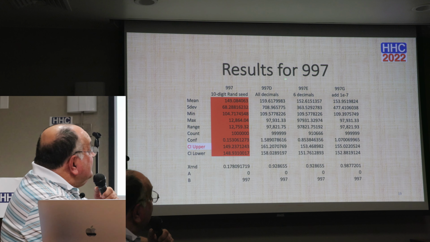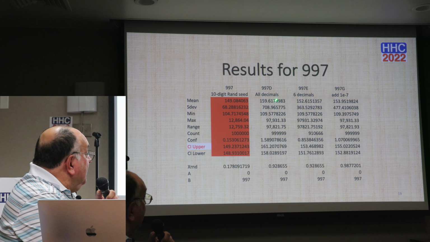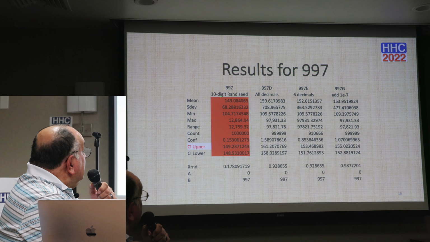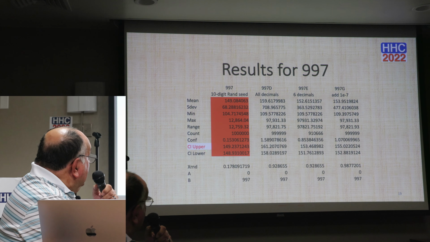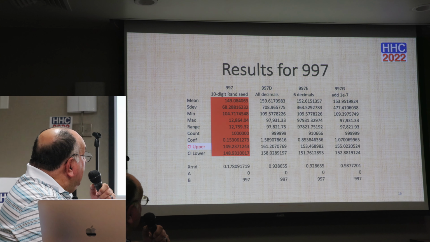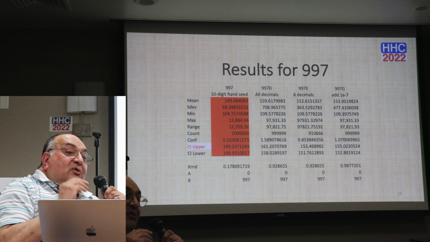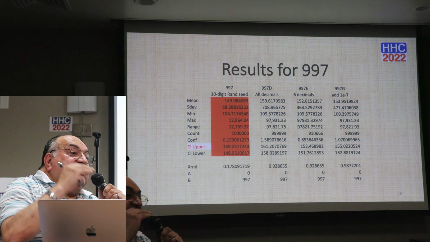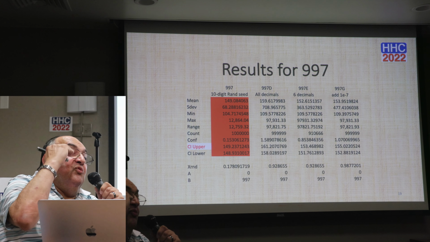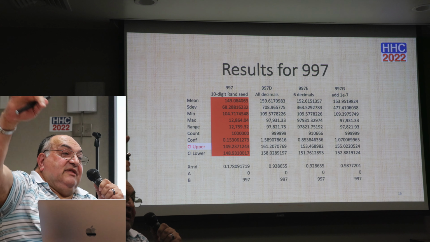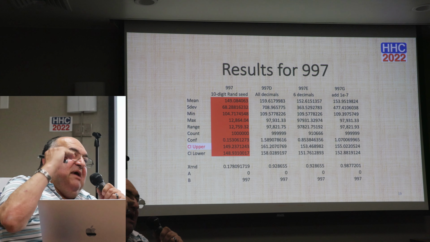This is the results for our baseline, and this is very important. This is the 10-digit random seed test, and I focus on the lower and especially the upper limit. So I have one from 148.9 to 149.2. My goal is to get results where the upper limit is in the 147 dot something. If I get that, I'm happy.